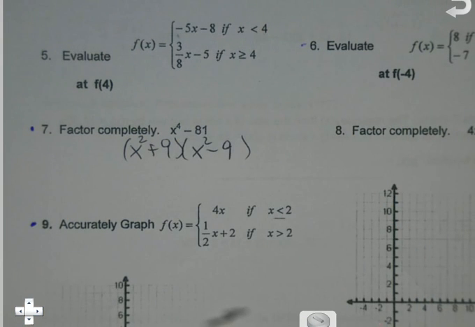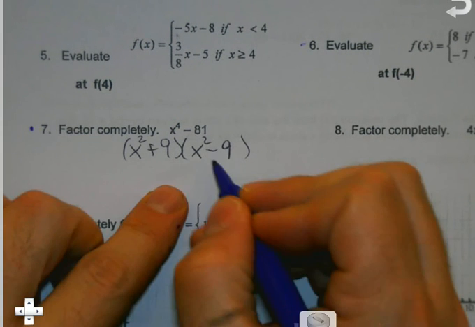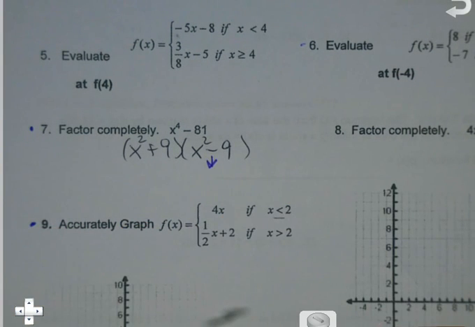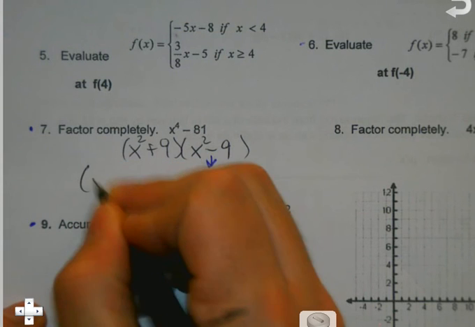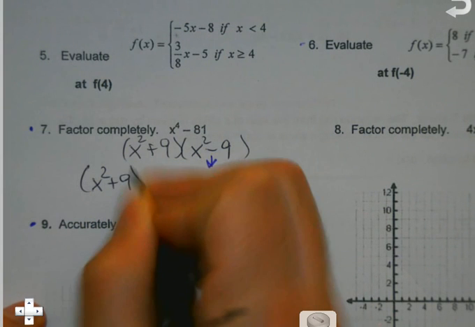Okay, that's not a bad deal. Wait, what? I'm not done. What else can I do? Oh, yeah. I can break this guy down. He's a difference of squares. Can I break the first one down? No, there's no such thing as a sum of squares. There is cubes, but not squares. So, leave that guy alone.